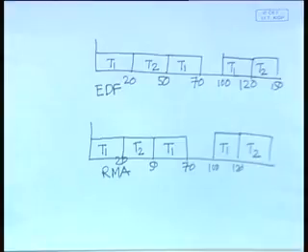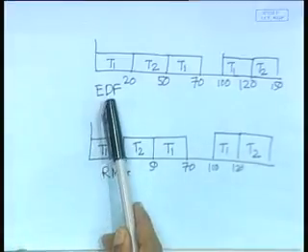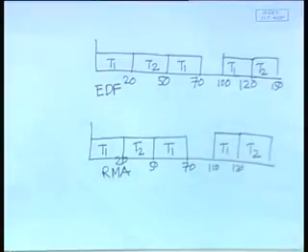So, just construct one example of a task scenario where, sorry, where RMA and EDF will have different schedules. Please think about the basic principle behind EDF and RMA, their schedulability, that is the scheduling constraint, and that should give you some hint.